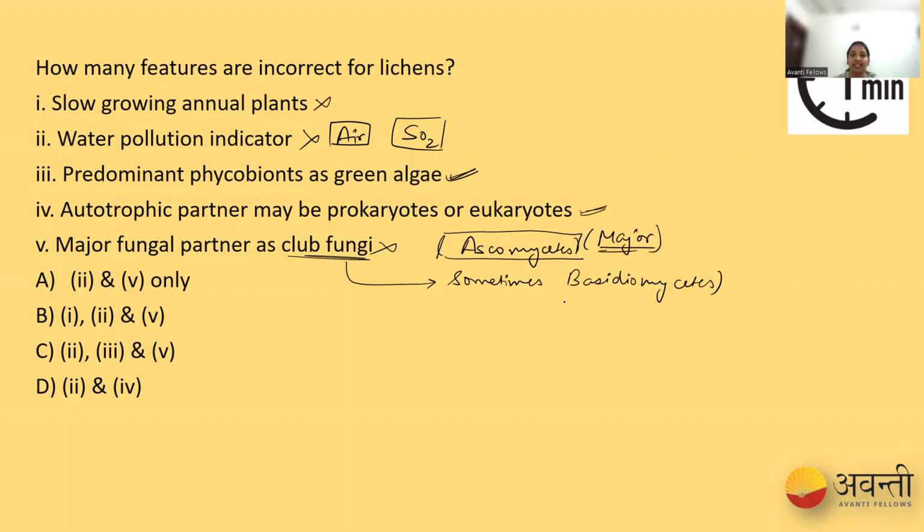Remember this. Sometimes it is Basidiomycetes, but the major fungal partner is the Ascomycetes. So this is also incorrect. How many statements are incorrect for lichen? 1st, 2nd, and 5th. So the correct option is option number B.